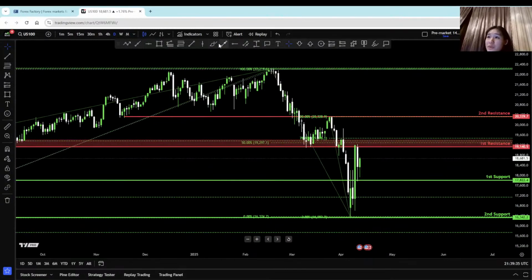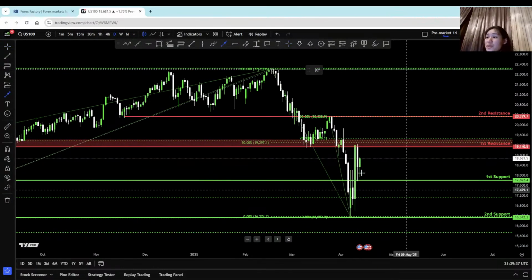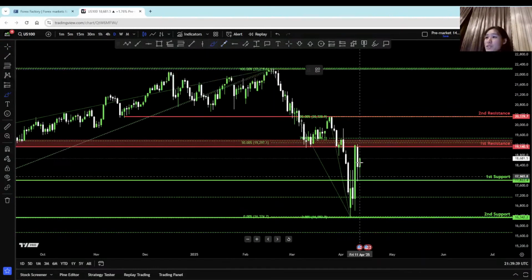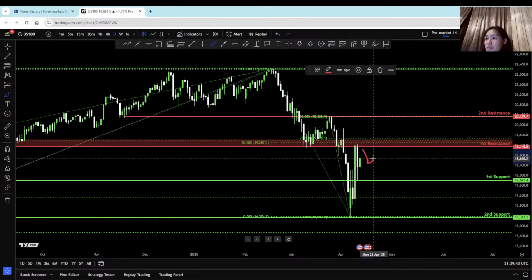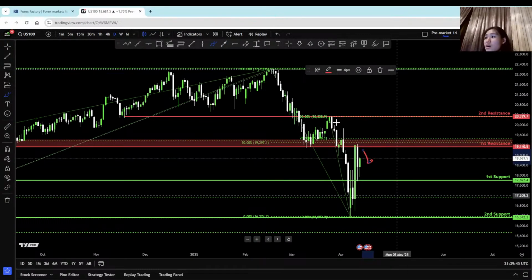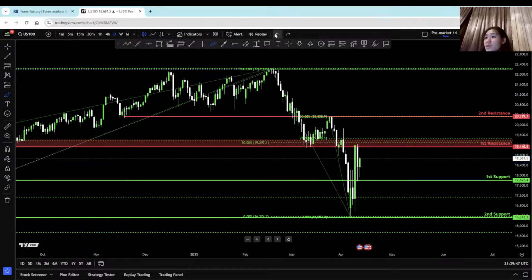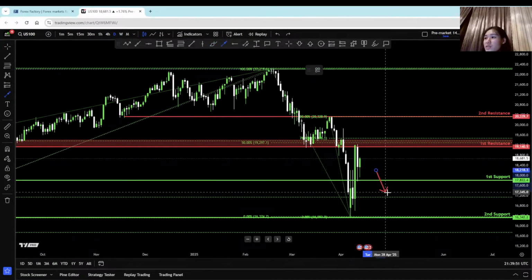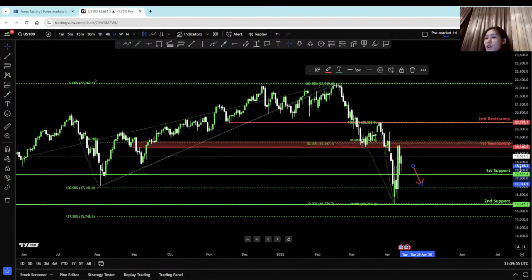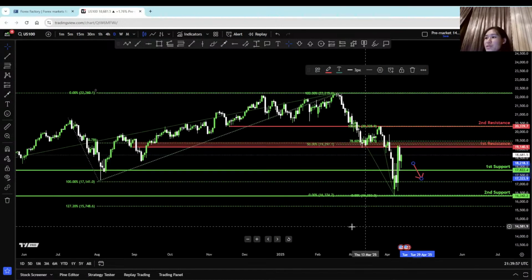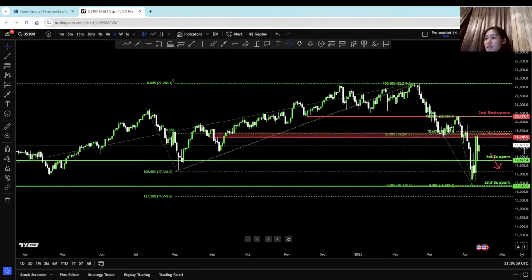If you're expecting it to continue to drop, which you can see prices have already begun to fall back downwards, then you can continue to go in for a sell towards our second support, which is also quite a big support area here.